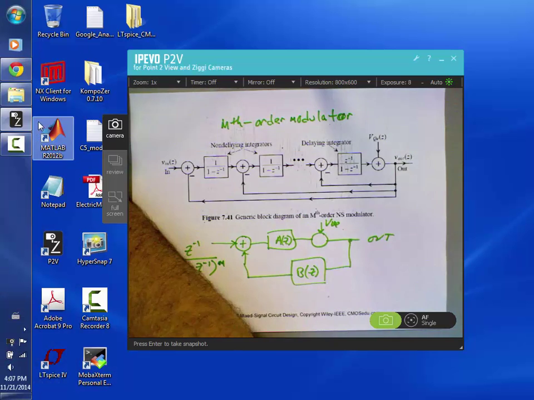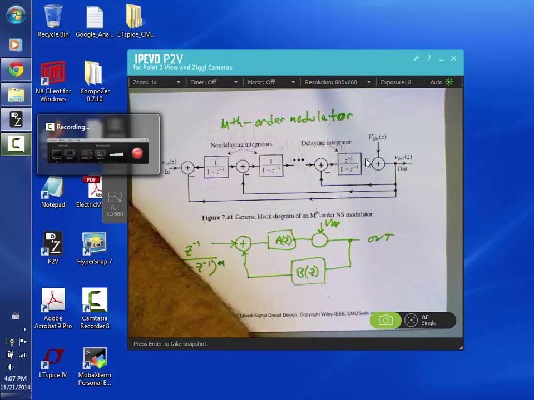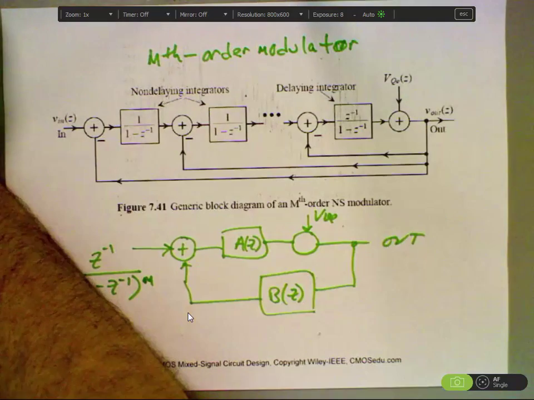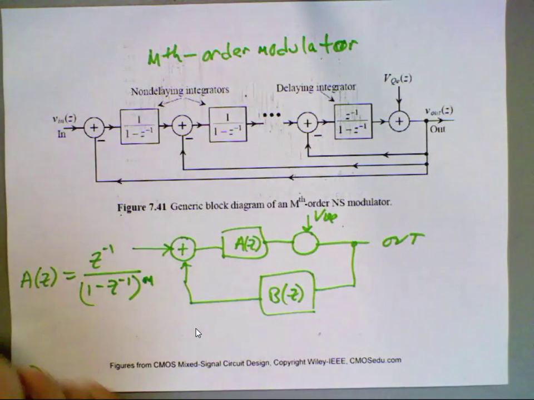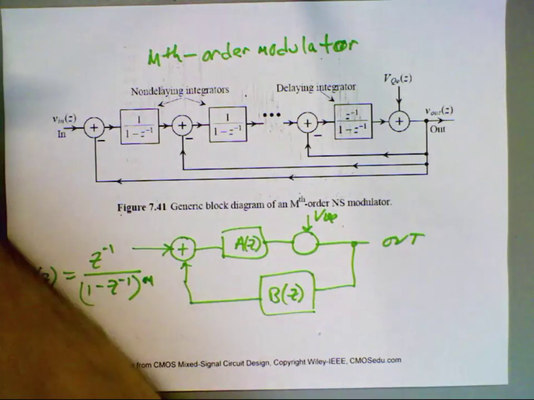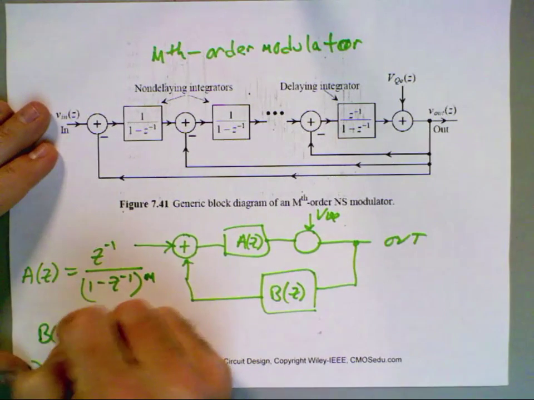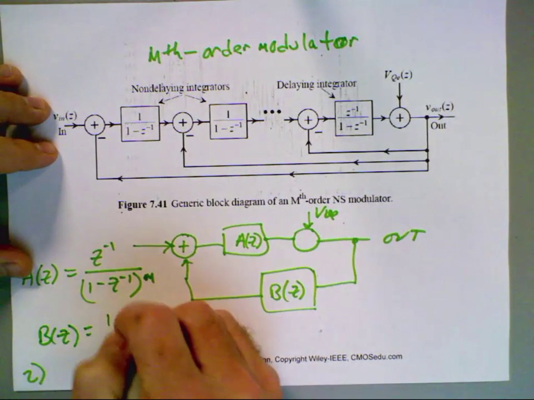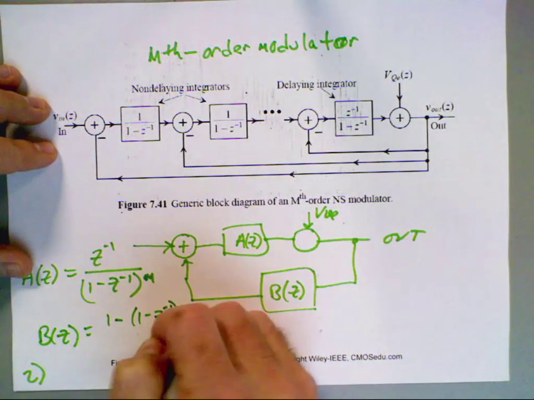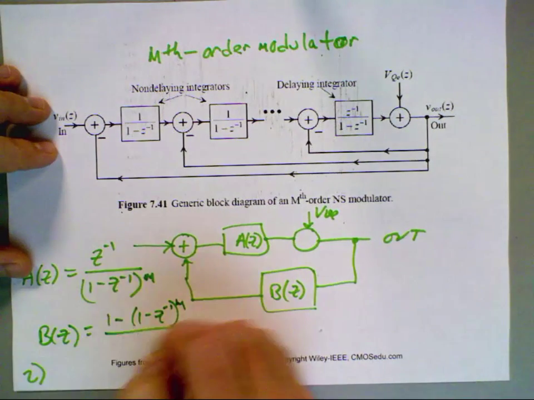So let me just make sure I'm recording here. I know I'm paranoid. And then B of Z is then equal to 1 minus Z to the minus 1 to the mth all over Z to the minus 1.